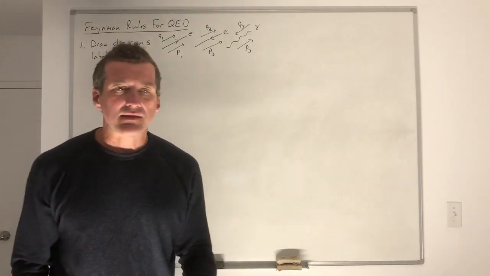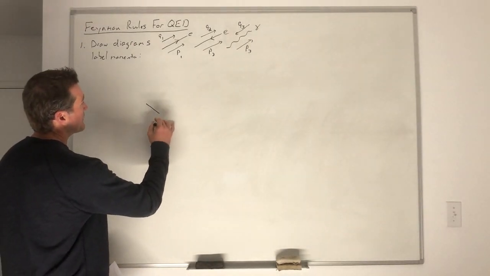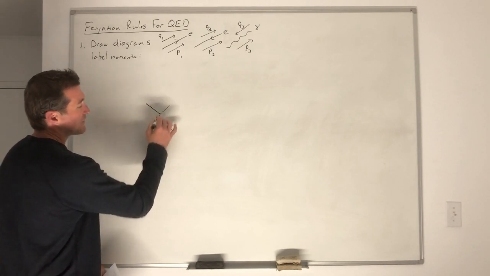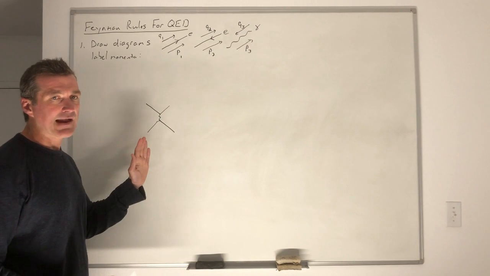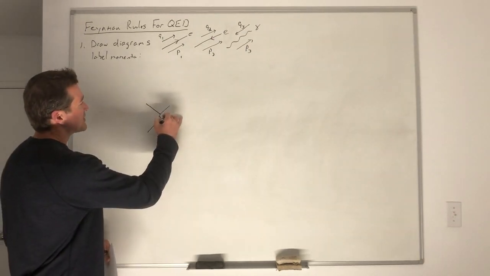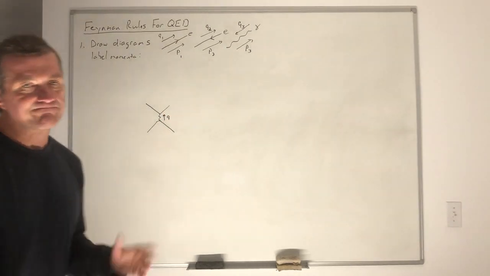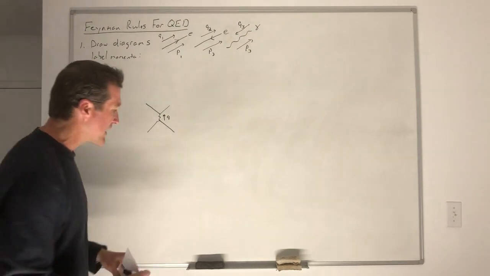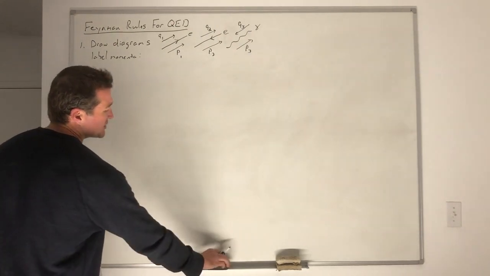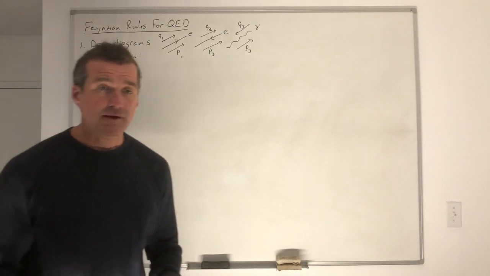You have diagrams where the internal photon is actually vertical. It's not moving forward or backwards in time. So when you want to label its internal momentum, it's good that it doesn't matter which direction it's pointing, because is that pointing to the left or the right? I don't know. So with internal lines, it doesn't matter which direction you choose for the momentum. For external lines, though, the momentum always has to flow forward in time.